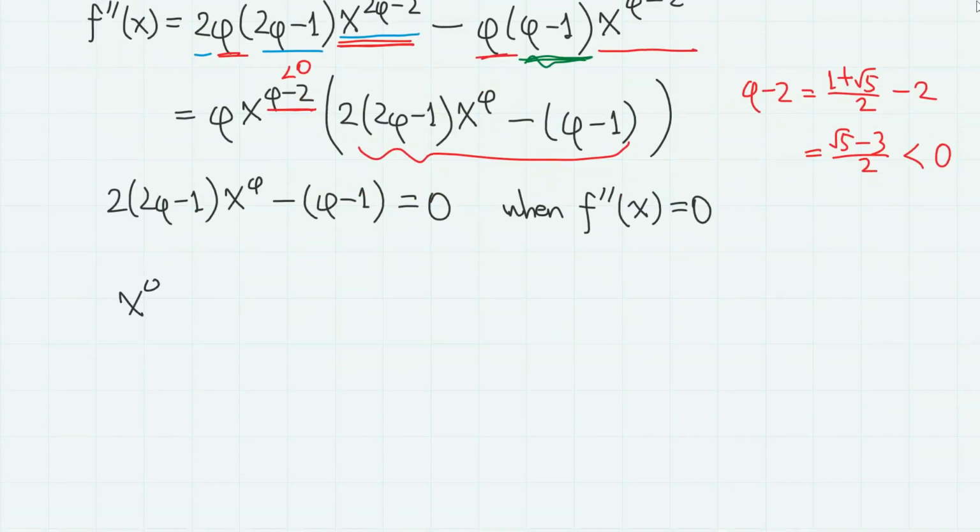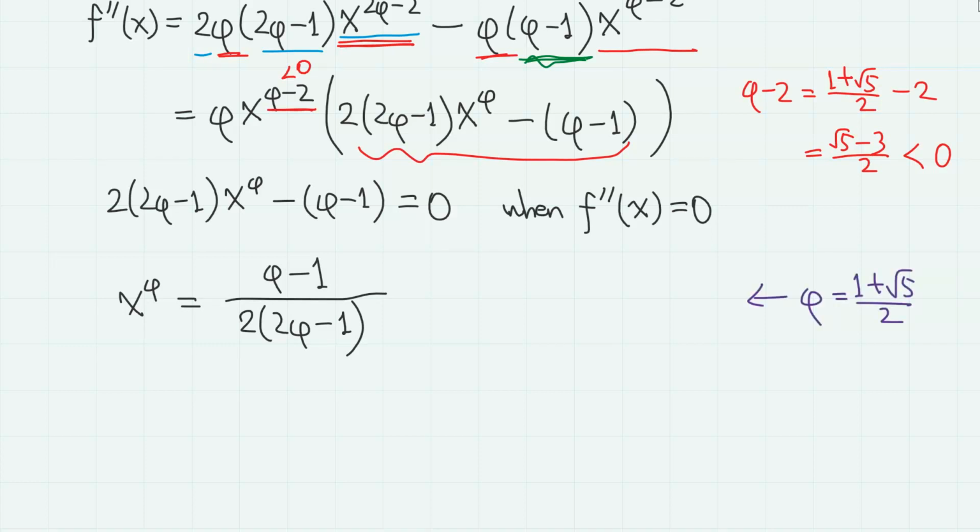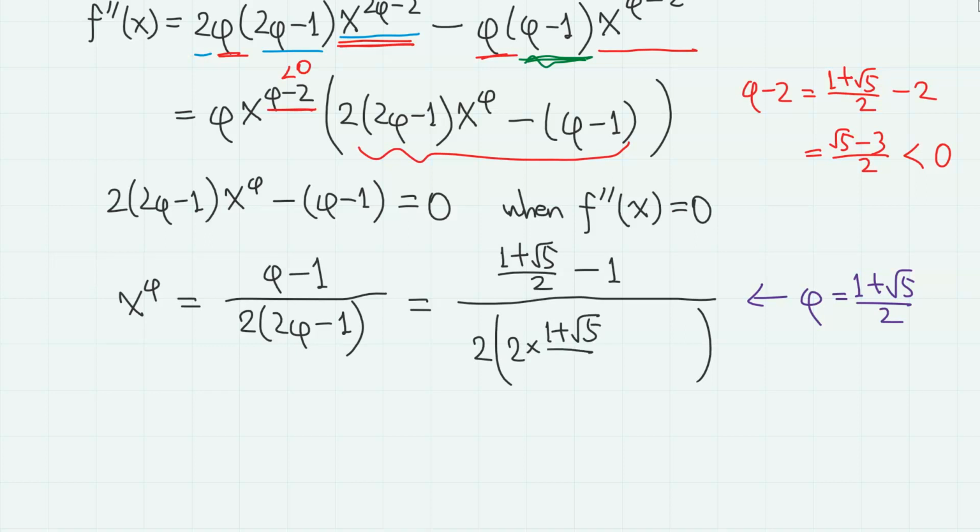So x to the power of phi is (phi minus 1) divided by (2 phi minus 1). And if we use the value of the golden ratio, we have (1 plus square root of 5 over 2 minus 1), and we have 2 times (1 plus square root of 5 over 2) minus 1.